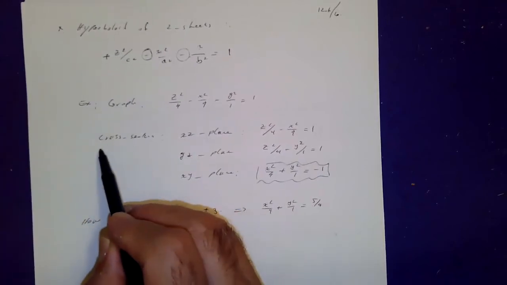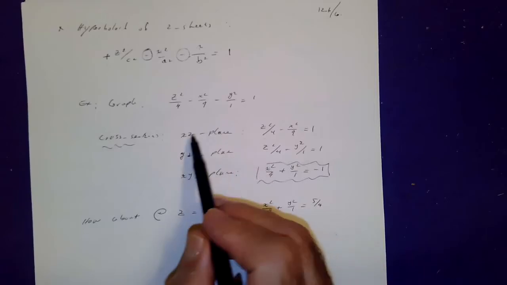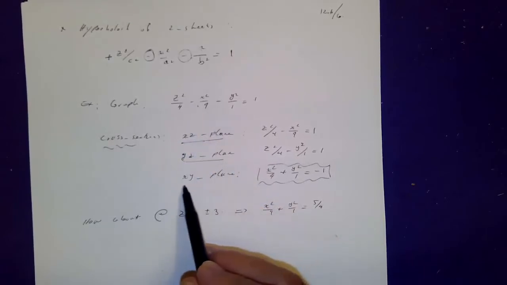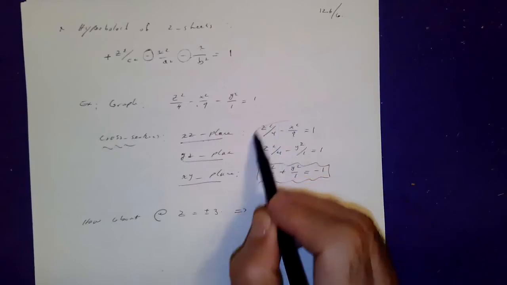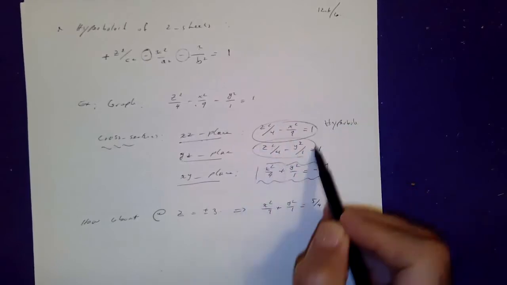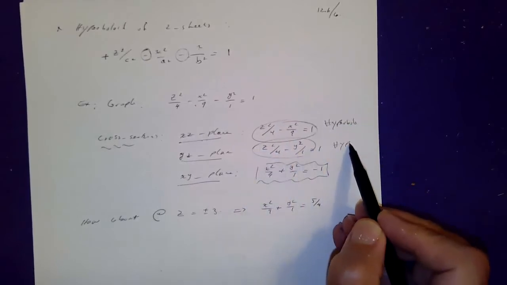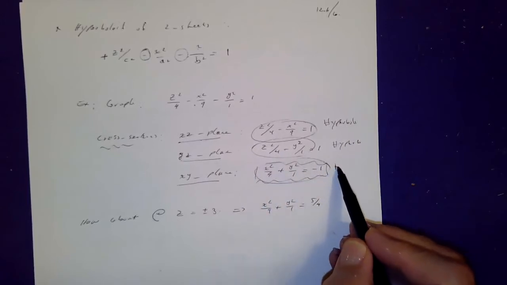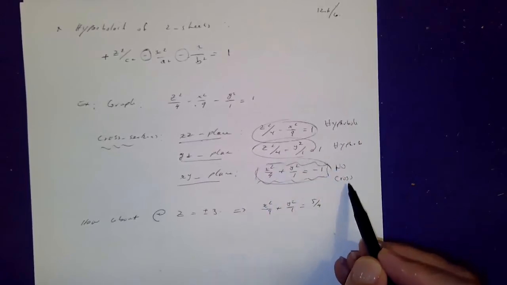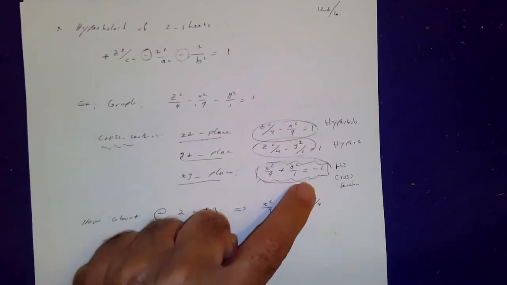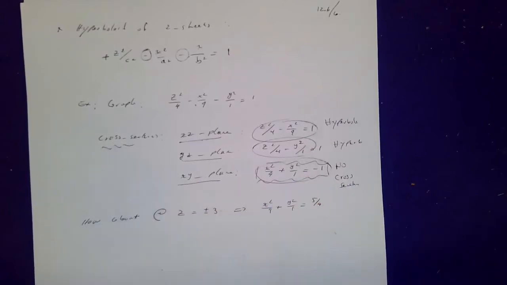Once again, you find the cross sections of the surface with the xz plane, yz plane, and xy plane. These are hyperbolas, correct? This one is a hyperbola too, but this one has no cross section. Why is that? Because the sum of two positive numbers cannot be negative.